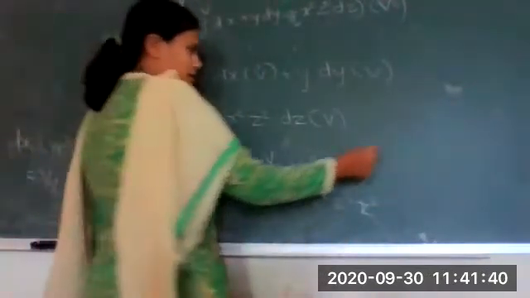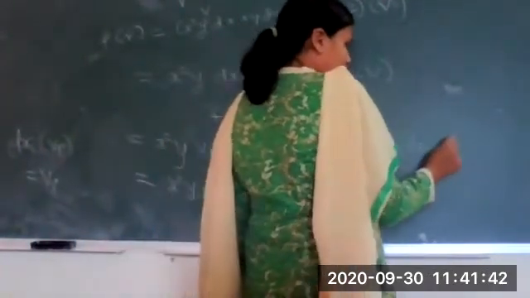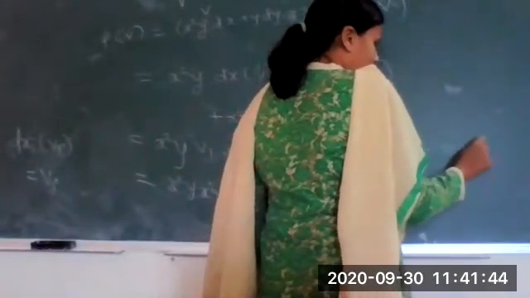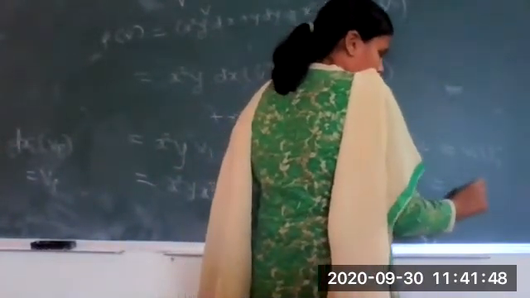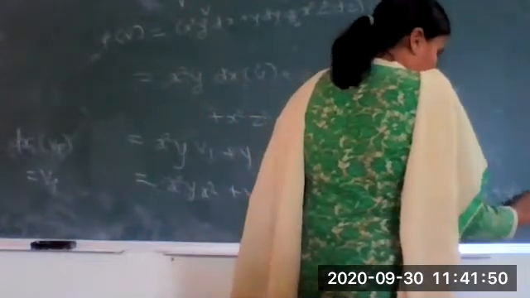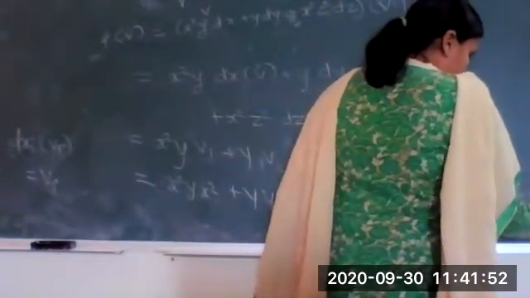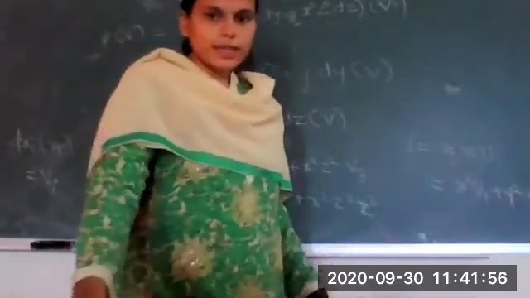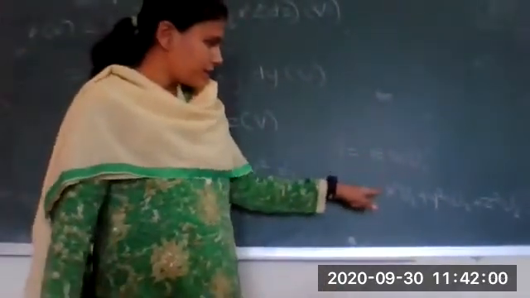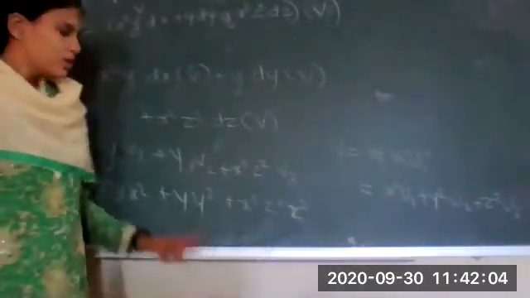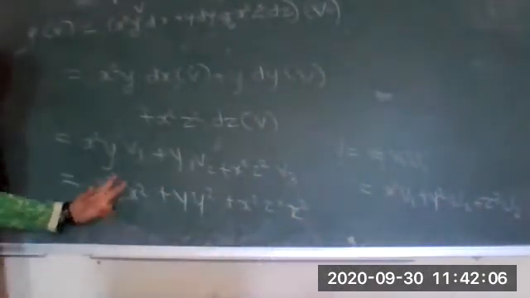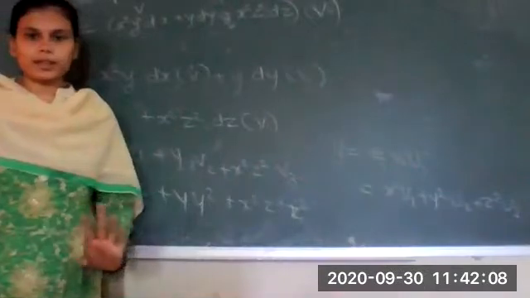What was our v? V is nothing but summation over i of vi ui. What are those vi? We have been given x square u1 plus y square u2 plus z square u3. Okay, so what will be v1, v2, v3? If you evaluate this summation, v1 is x square, v2 is y square, v3 is z square. So we have just put in the values of v1, v2 and v3.